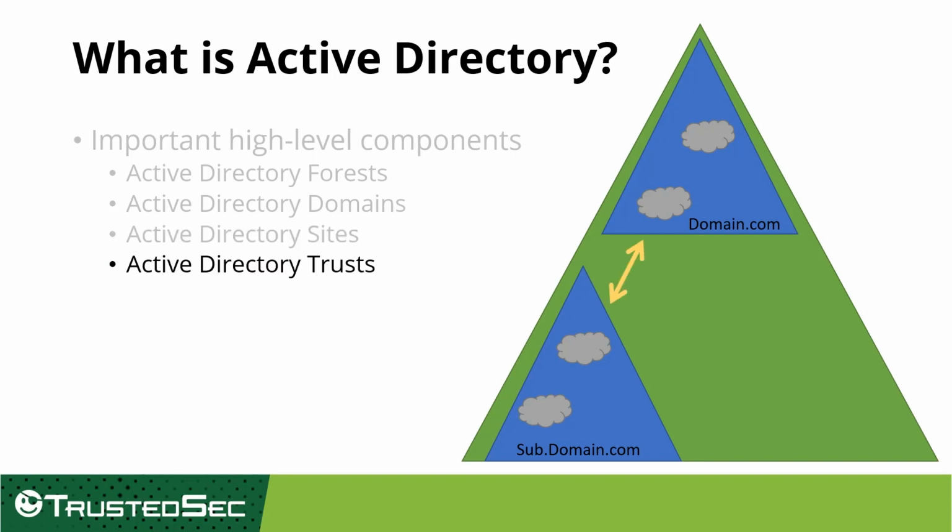An Active Directory trust comes in a lot of different variants. A typical trust you encounter inside a forest is a two-way trust between a root domain and a child domain. It is also possible to create trusts across forests, meaning that you can share resources between organizations.